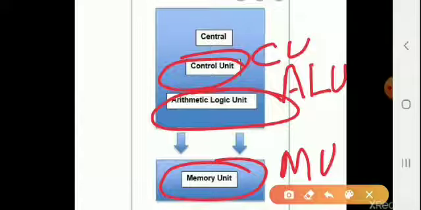So this is used to do calculations, this controls the actions, and this is used to store the data. First we do calculations, then control, and then store. These are the three main parts of the CPU, the processing device.